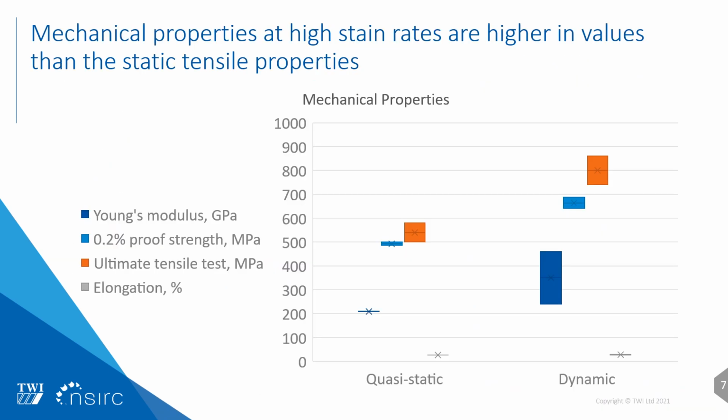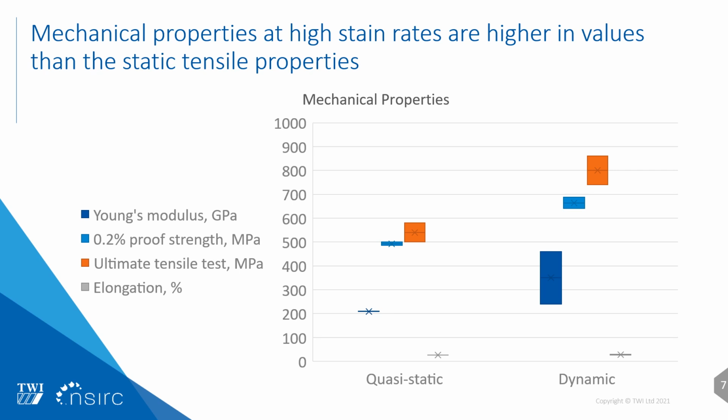Here we can see the different mechanical properties obtained. The Young's modulus is about 207 to 210 for the quasi-static testing, and for the dynamic one, we have a range from 240 to 460 depending on the strain rate. The 0.2% proof strength is also increased: we have 640 to 688 in the dynamic one, and about 480 to 500 in the quasi-static one.